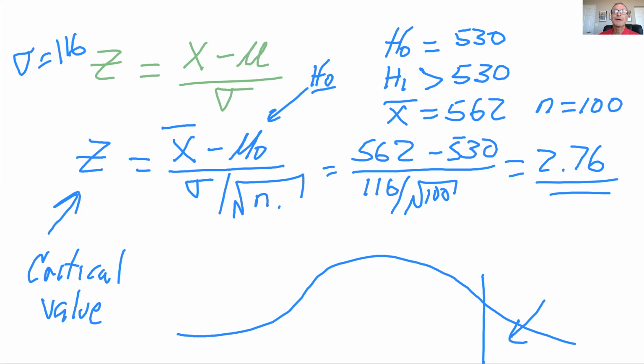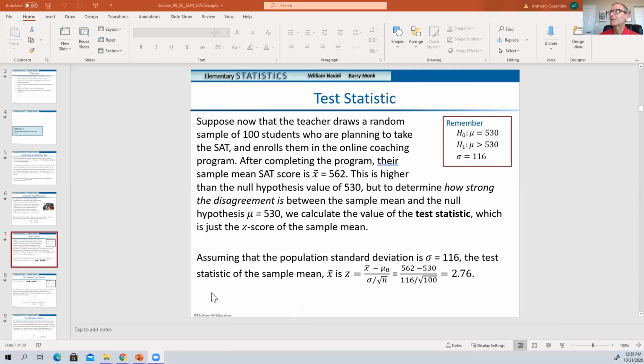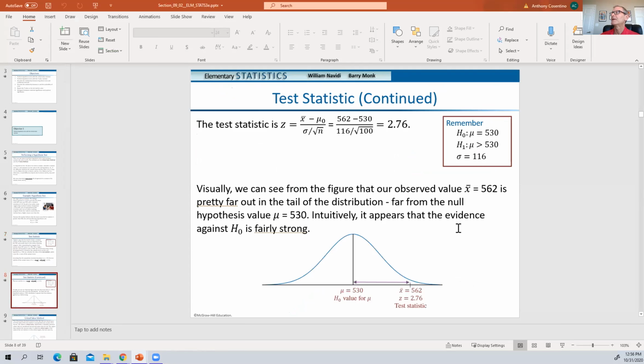When you take a look at the calculation here, you can see the same one as we got in the book, but the book has a nice little graph here, right? So if you think about how far you are from the mean, you're almost 3 standard deviations above the mean. And so that is quite strong, actually, right?